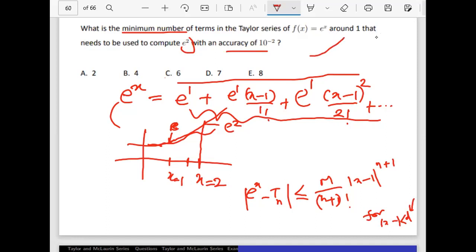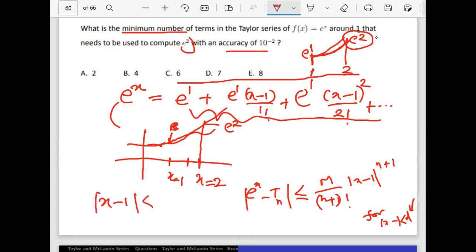So this is e to the 1 and this is e to the 2. If you consider this interval between 1 and 2, then this one is an upper bound, right? So x minus 1.